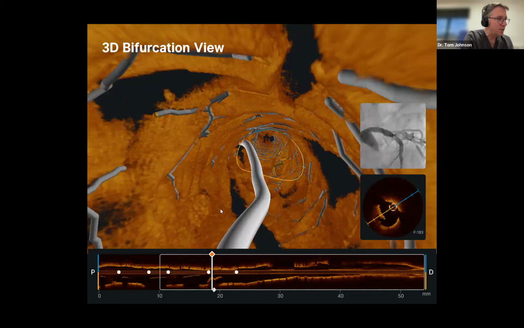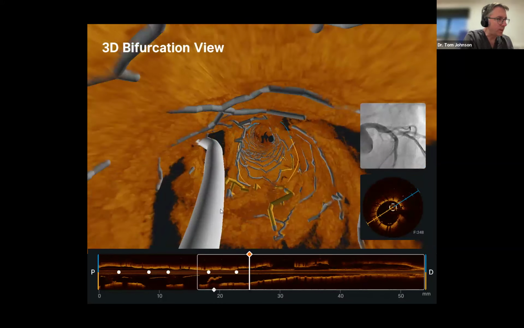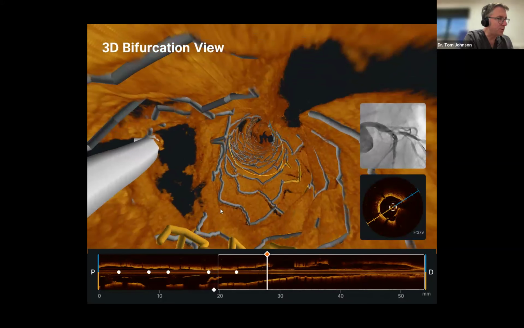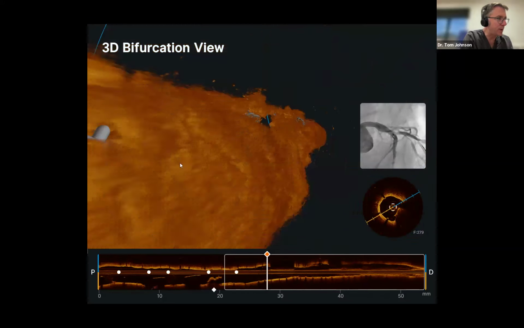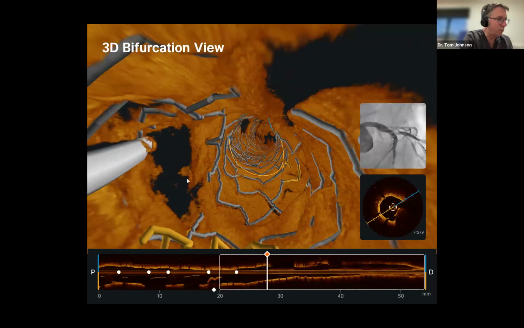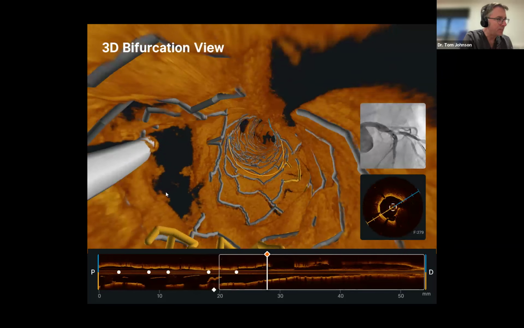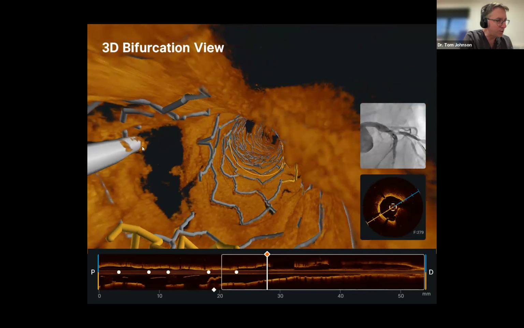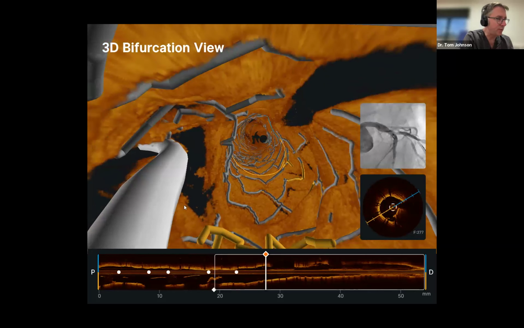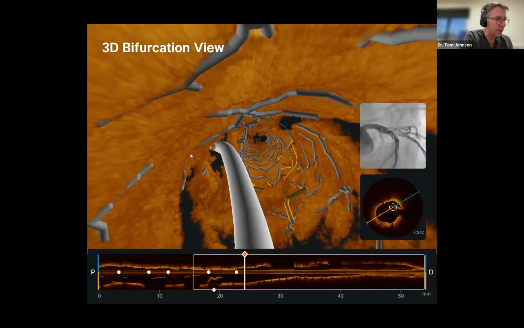And then nicely you can see the wire passage into the diagonal. So if you compare that to the very first run we had of the bifurcation, that's open, but we saw on the still frames that there are still areas of tissue or thrombus adherent to the stent struts. But actually here, I think the 3D can be quite useful. Again, you just see this protrusion of the material within the vessel wall.